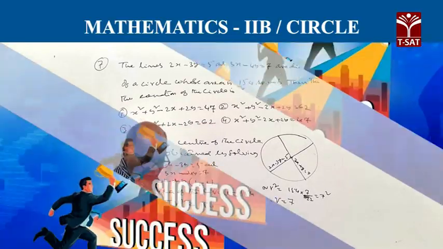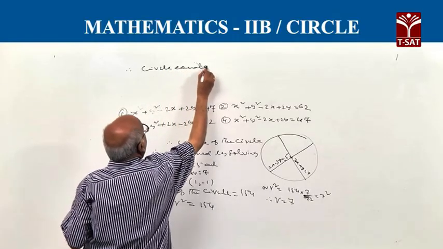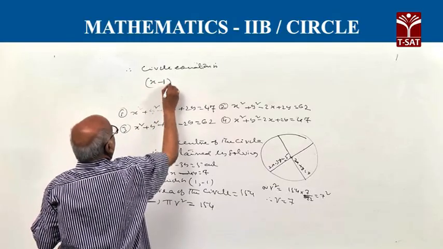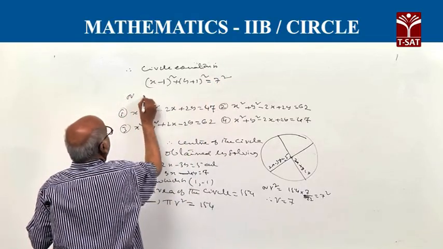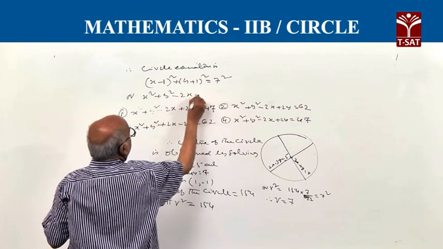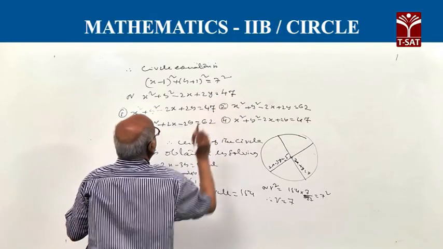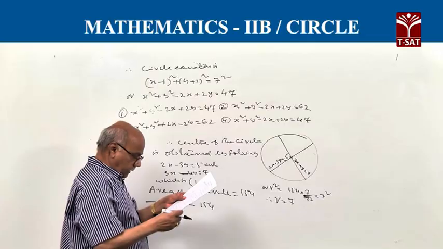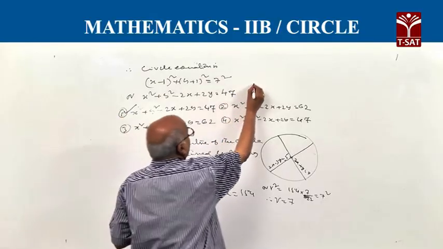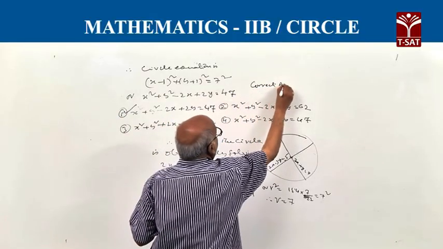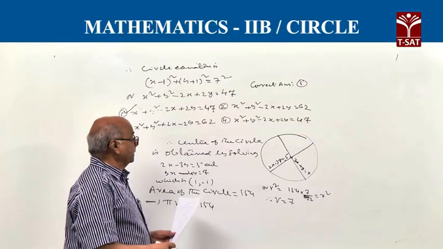The circle equation is (x minus 1) whole square plus (y plus 1) whole square is equal to 7 square, or x square plus y square minus 2x plus 2y is equal to 47. So the correct answer is number 1.